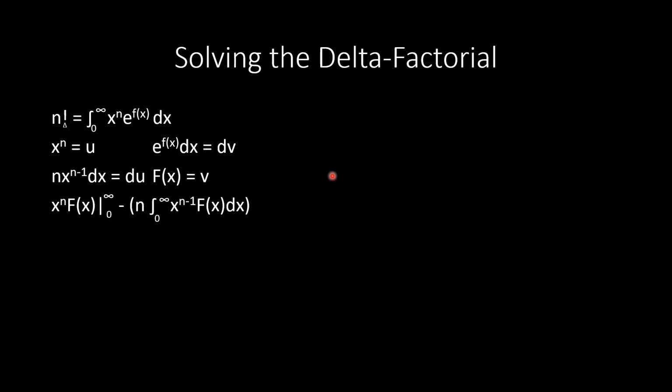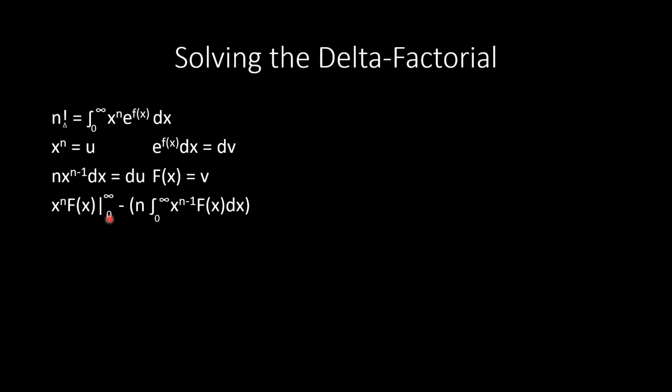Now, this is where we kind of have to make a leap of faith, in that we want to think that we have successfully created this function in here, such that when we integrate it, it acts very similar to the e to the minus x, in that it exponentially decays and converges to 0 faster than this x to the n diverges to infinity, so that we can properly cancel out this infinite bound here.